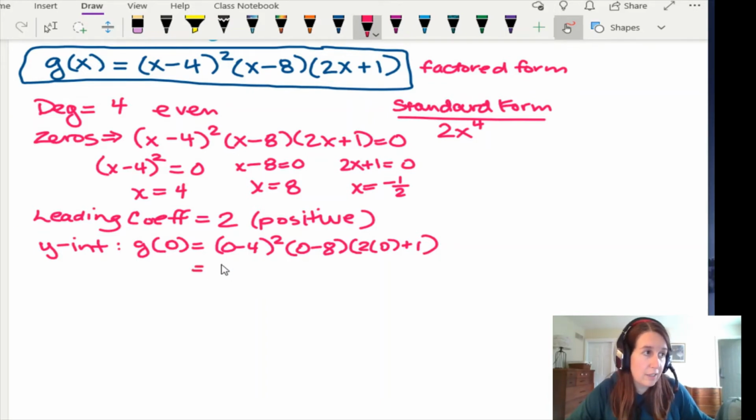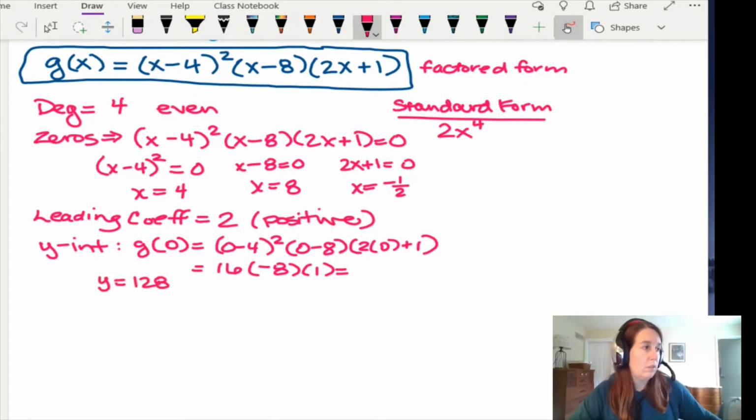So that is, I'm seeing 16 times negative 8 times 1, right? Which I don't know what that is off the top of my head, so let's see if I can find my calculator. Okay, so that is equal to negative 128. So the y-intercept is negative 128.